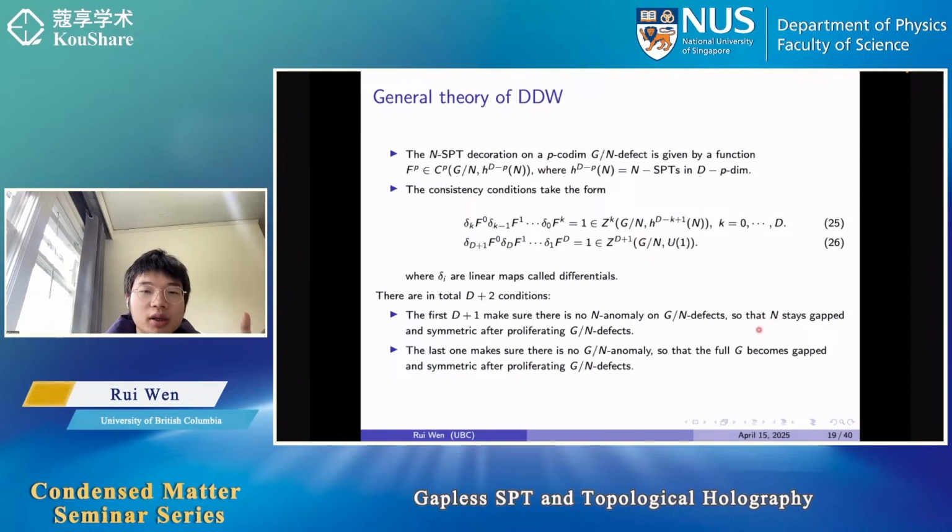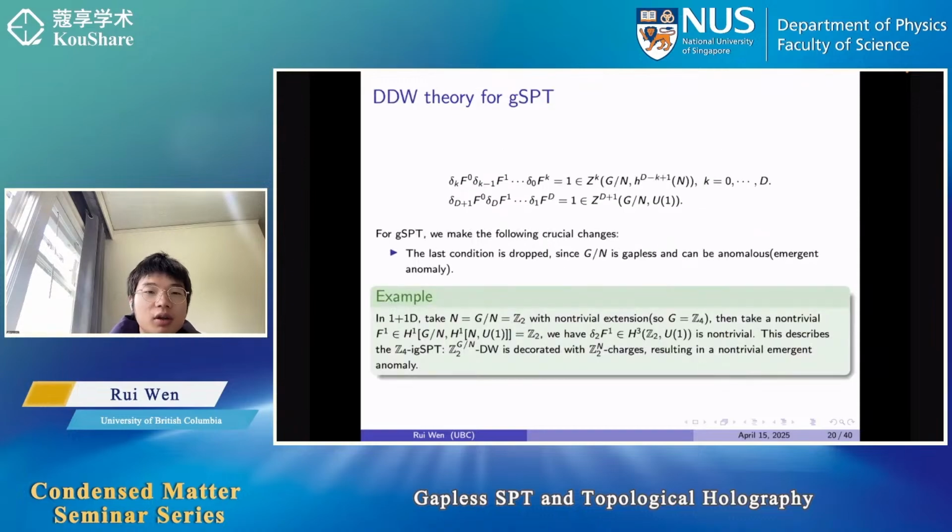And the last one, as you can see, actually takes value in H^{D+1} of G over N. This is the classification of anomaly of G over N in D dimension, right? So requiring this to be 1 means that we want there to be no G over N anomaly, so that the full symmetry G becomes gapped and symmetric after proliferating the G over N defects.